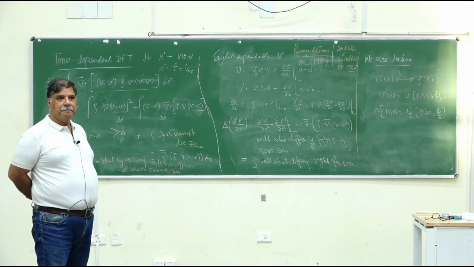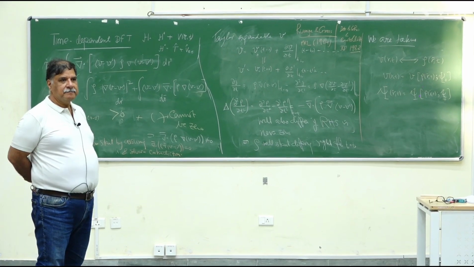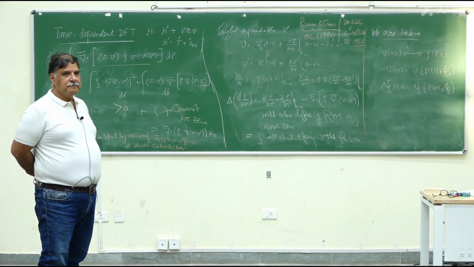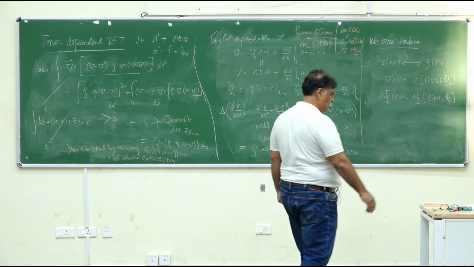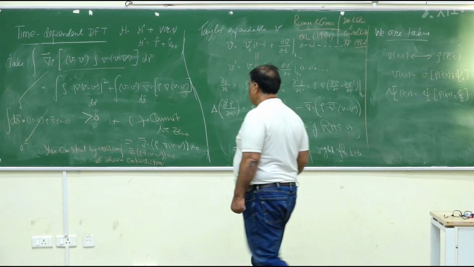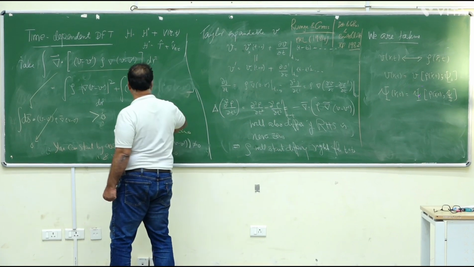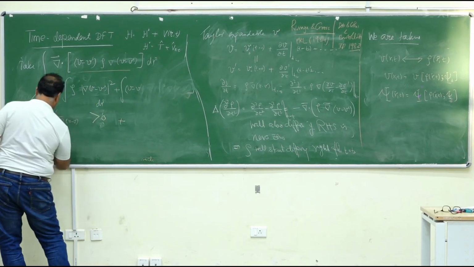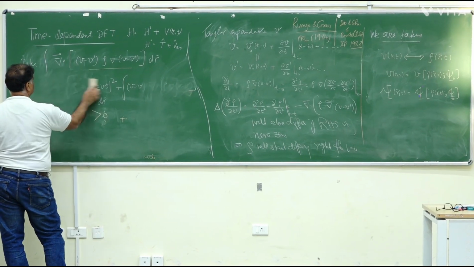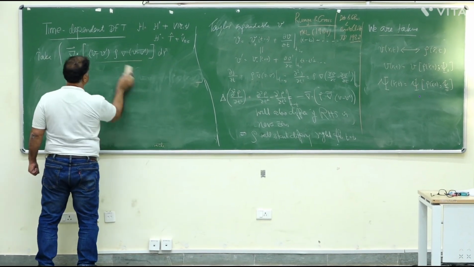Any questions so far? Okay, now we still have to look at the rest of the machinery. And the rest of the machinery is how to get the equation for the density. I'll leave the higher orders for you to do.